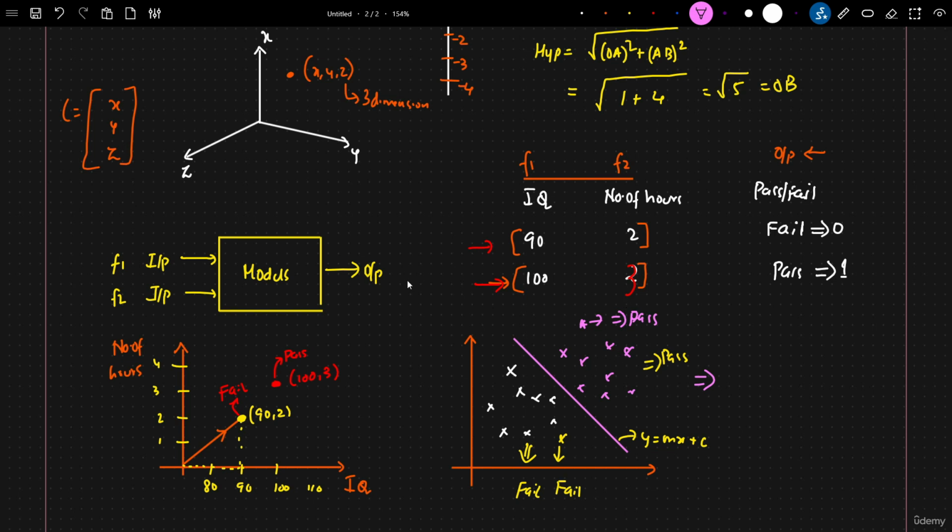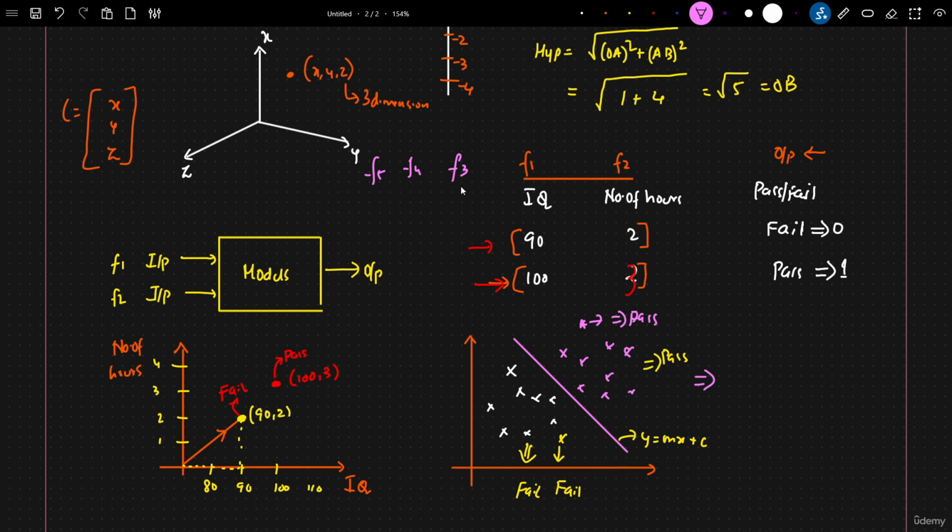But the main idea here is that every data point in our data set is represented in the form of vectors. There may be scenarios where I also have other features like F3, F4, F5. With our human eyes we can see only 3 features at most.